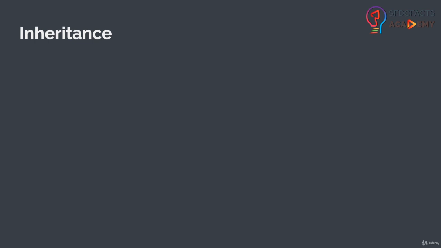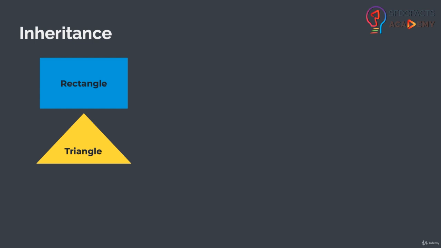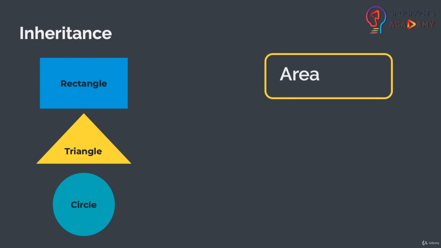Let's understand this with the help of this example. You have three shapes. The first one is a rectangle, the second is a triangle, and the third one is a circle. And all these different shapes have few things in common. They all have a surface area and a perimeter.